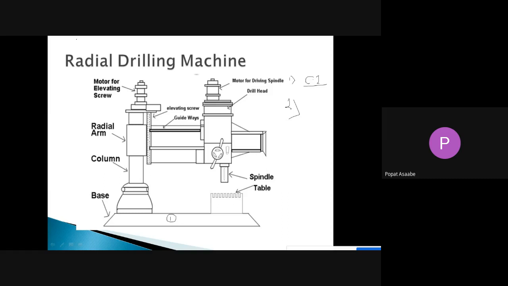But in the radial drilling machine, you have to remember that the vertical column is mounted on one corner of your base. The function of the column is to provide support to the radial arm.